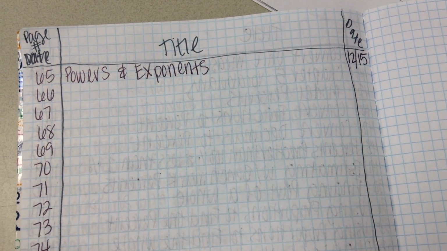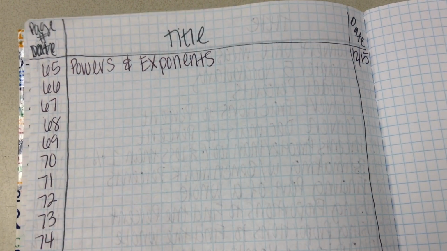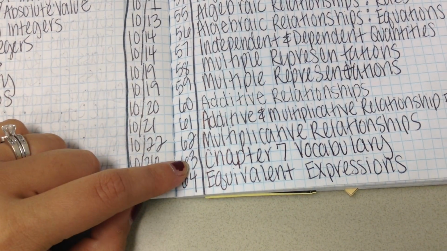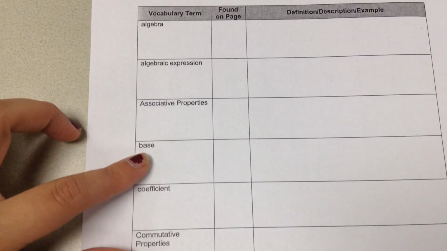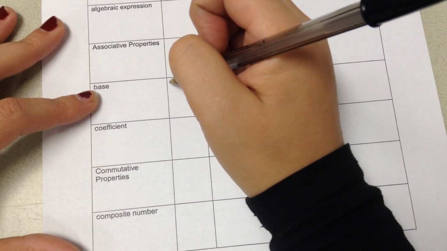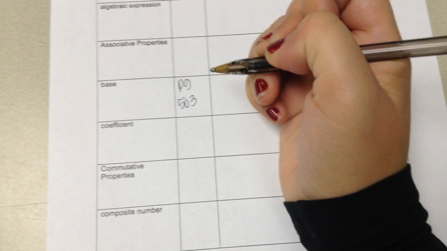Now, first we're going to have to fill out several vocabulary words. So today during class we went ahead and we glued in our vocabulary on page 63. So go to page 63. And the first vocabulary word we're going to be talking about is base. Okay. And this is page 503.